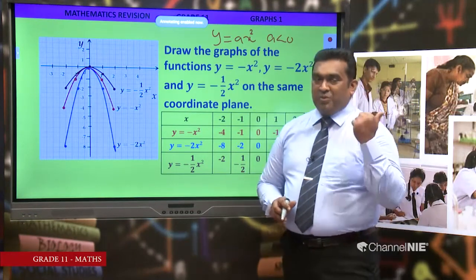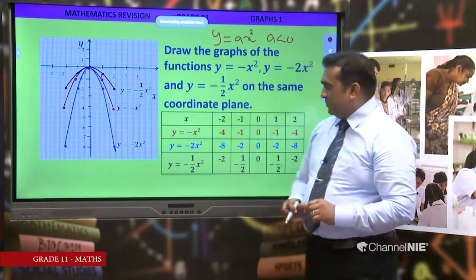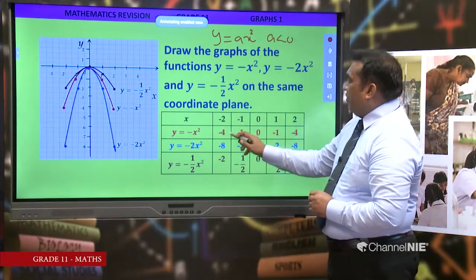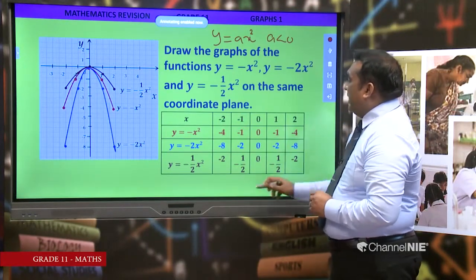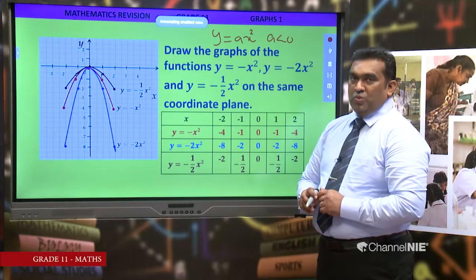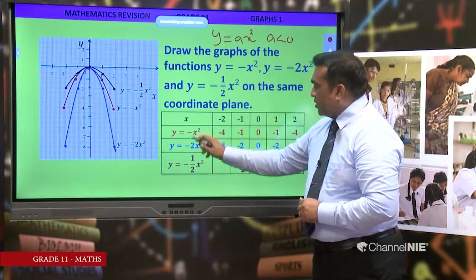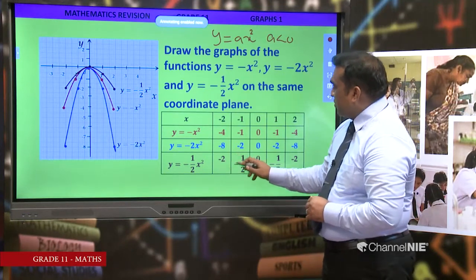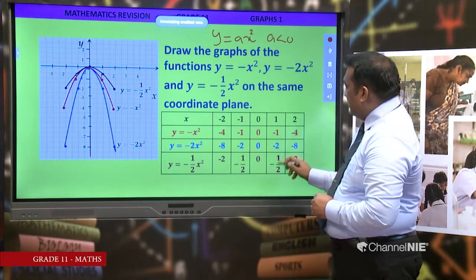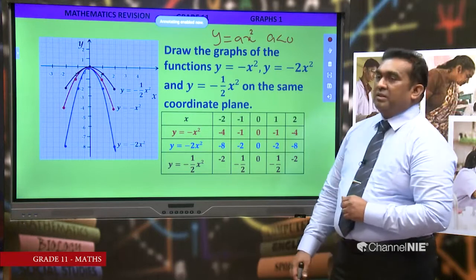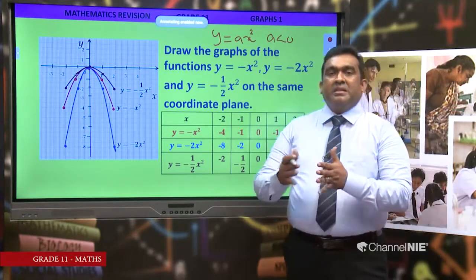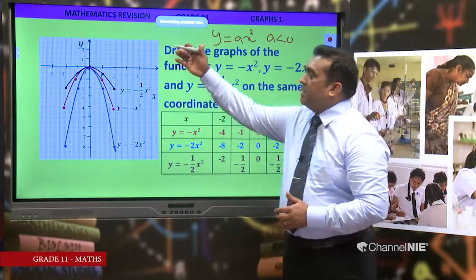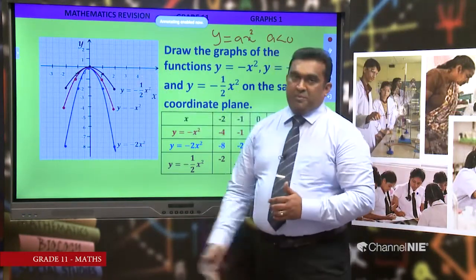Just multiplied by 2, you have -8, since the minus sign is there. You can understand. For minus half x squared, it means divide all these y coordinates by 2. Minus sign is common, divided by 2. After that you have -2, -half, 0, -half and -2. Now you can see the nature of the parabola. Maximum curved line graphs.